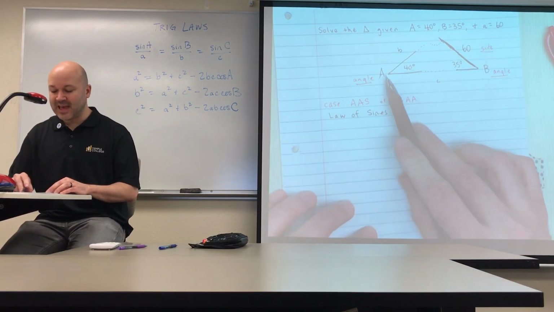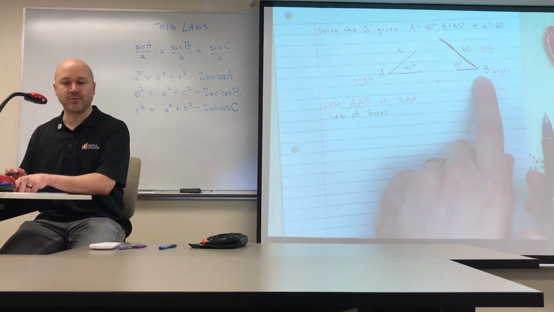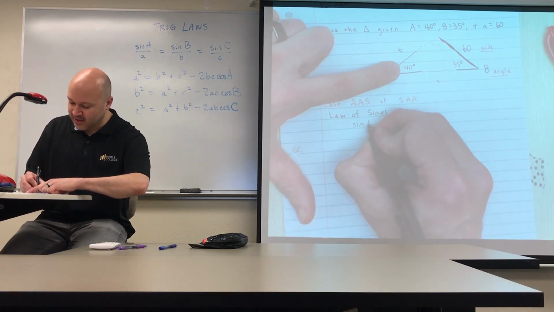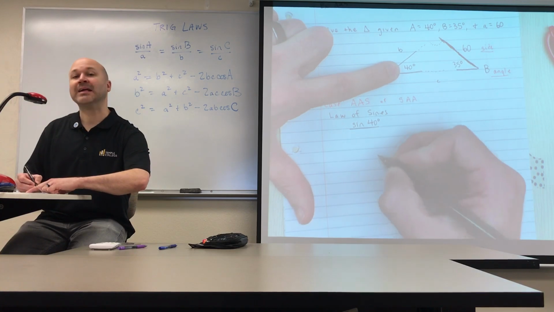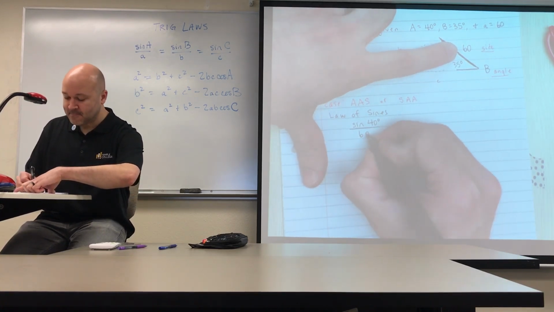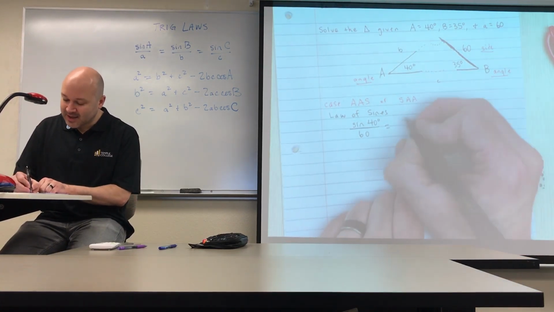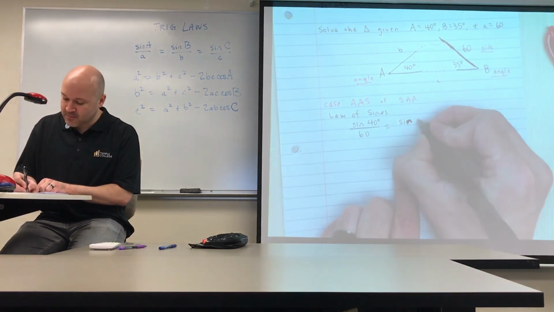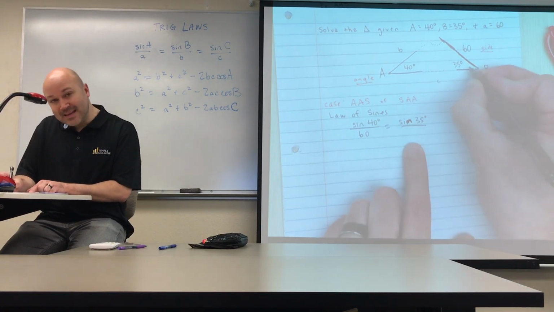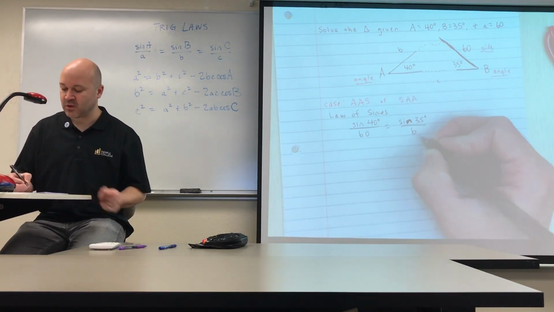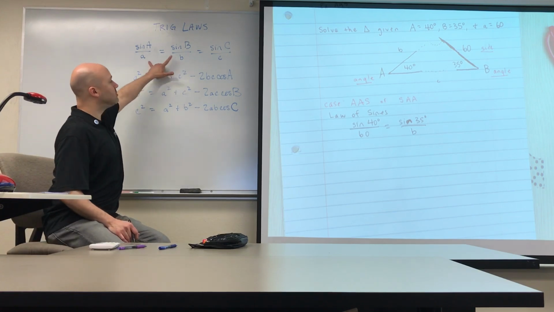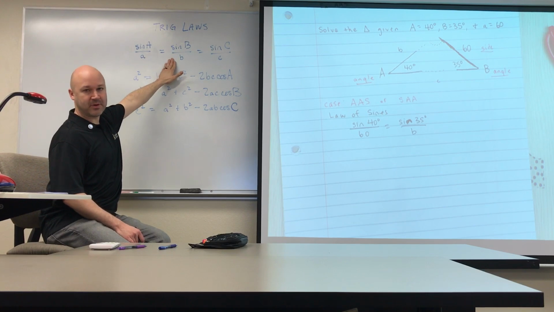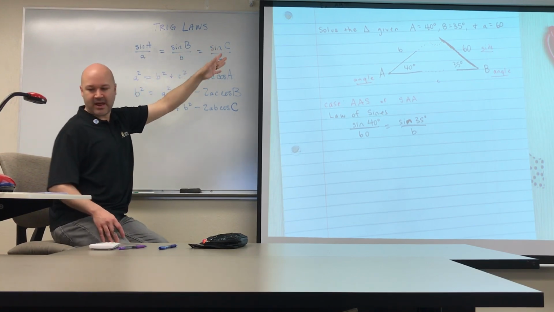And I'm going to use the A's, and then I have a B. So I'm going to use sine of angle A over little a, and that will be equal to sine of angle B over little b. So I just used the first two ratios here. Sine of A over a equals sine of B over b. I don't need the C part yet.